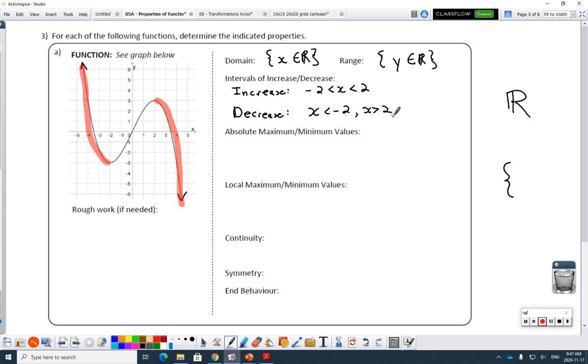You can use a comma there for now. Later in calculus, we'll use a little union symbol saying the union of these two sections, but we don't need to do that right now. Are there any questions about the increasing and decreasing? Just remember, go left to right when you're looking at these.